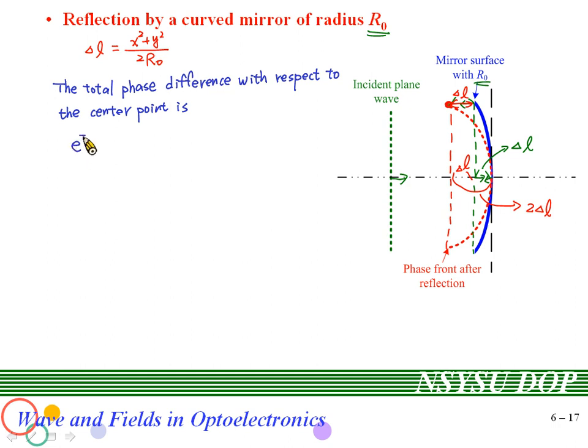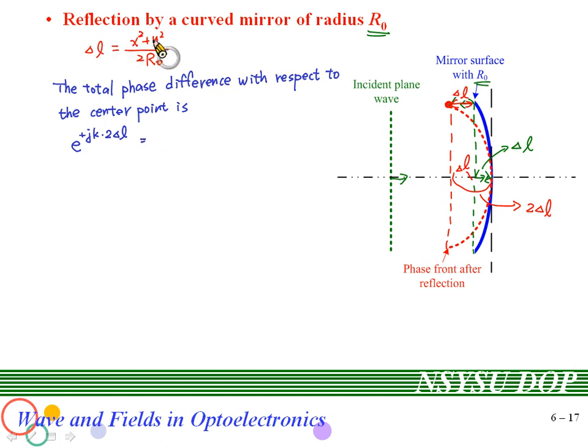Exponential plus j k times the optical path difference 2 delta L. And because this point is in advance with respect to the center one, here the phase difference is phase advanced.